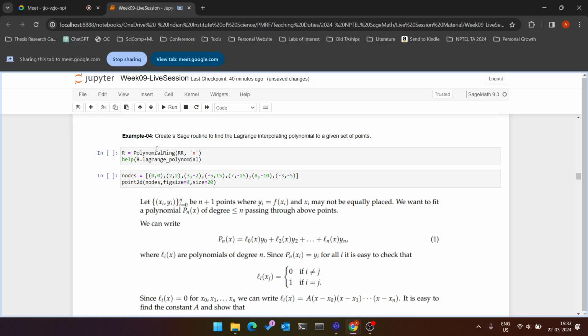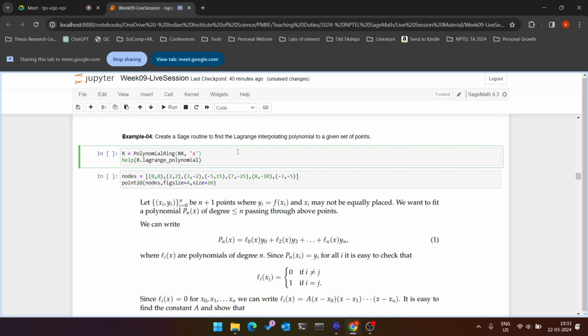Example 4. Create a Sage routine to find the Lagrange interpolating polynomial for a set of given points. So here we have been asked to create a routine, but before going there, as we have seen in the class also, Sage comes inbuilt with a function for Lagrange polynomial.